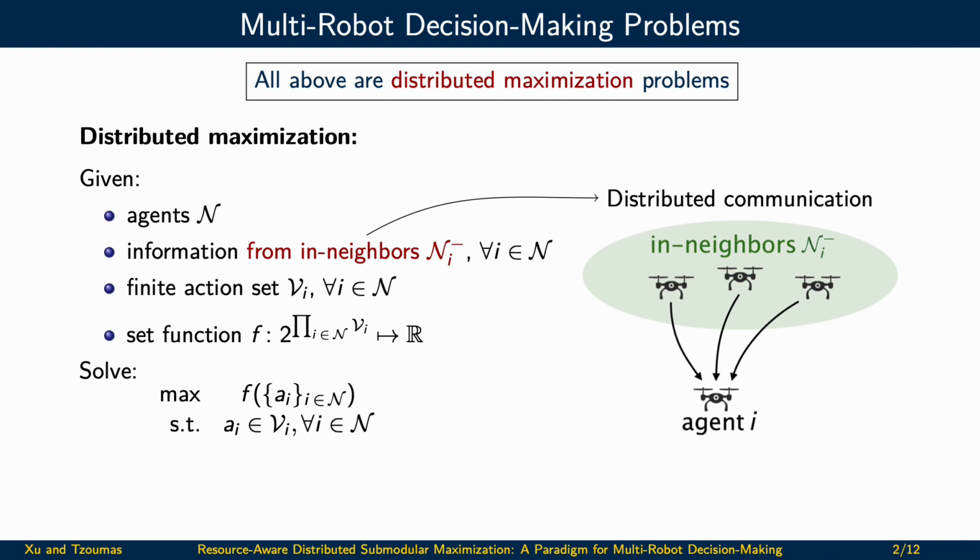For example, this V_i can be a bunch of motion primitives over the next 10 seconds. Finally, the task utility is captured by a set function f, whose argument is all the agents' actions. Given these inputs, the agents want to perform an algorithm to collaboratively maximize the function f by each independently selecting an action.